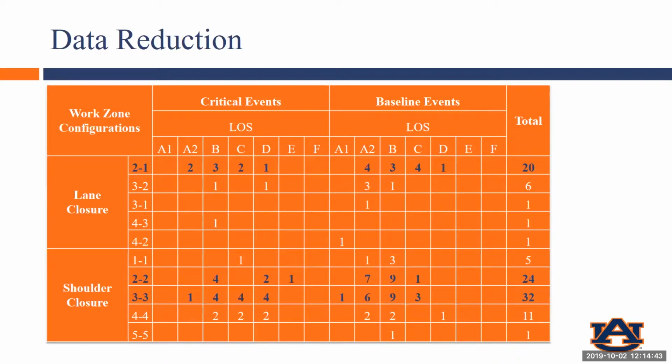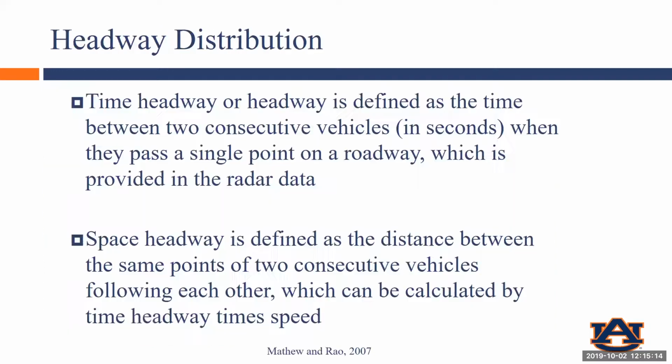Based on the data set we have, only the shoulder closure 2-2 and 3-3 and the lane closure 2-1 had more than enough sample size. All of these had more than 20 trips. So we only study those trips. The other work zone configurations we didn't study in this project because of the small sample size.